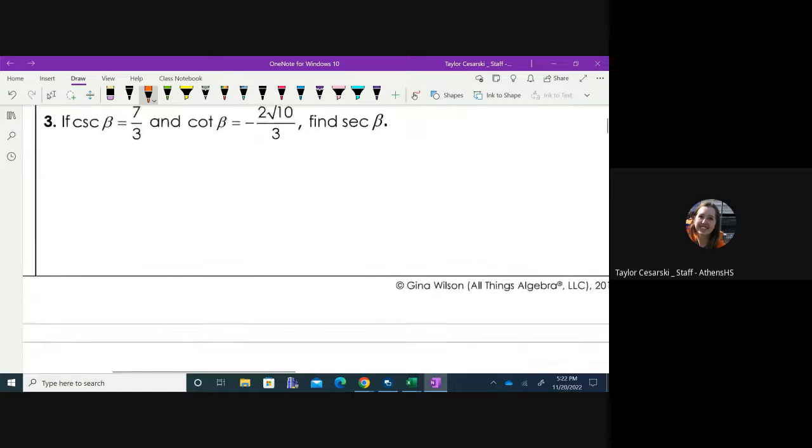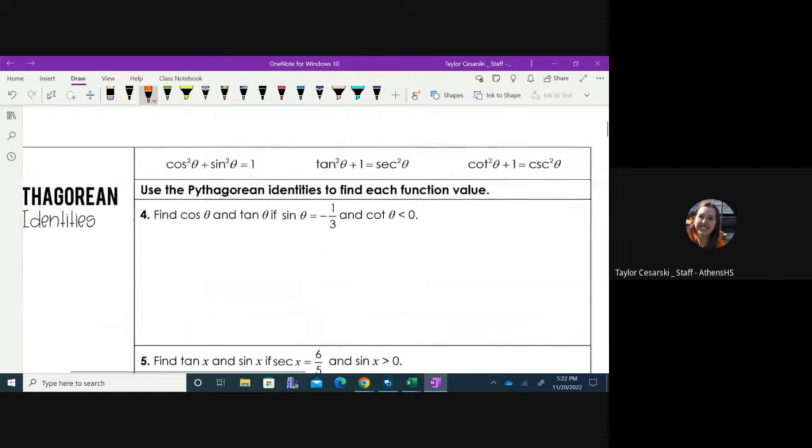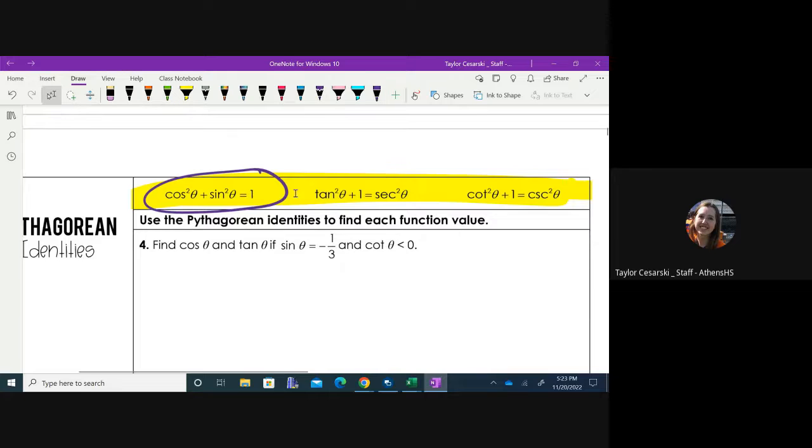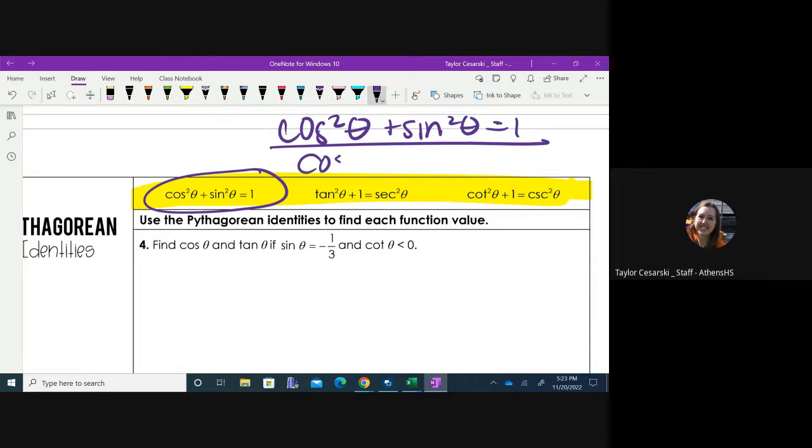All right, flip to the next page. Now these identities that you see here are very, very, very important, especially this first one. You're going to use that a lot. Now you don't have to memorize the other two necessarily because you can derive them. So I'm going to show you: if I do cosine squared of theta plus sine squared of theta equals 1, and you have this one memorized, let's say I divide everything by cosine squared of theta.